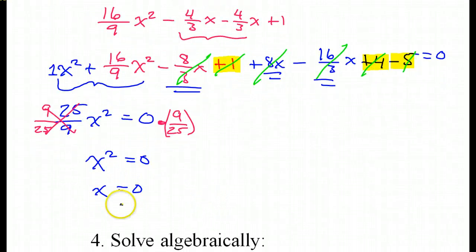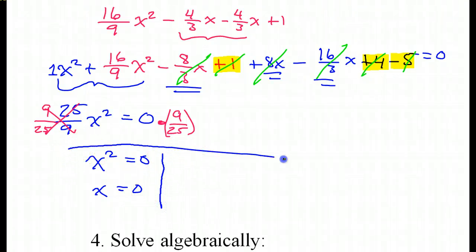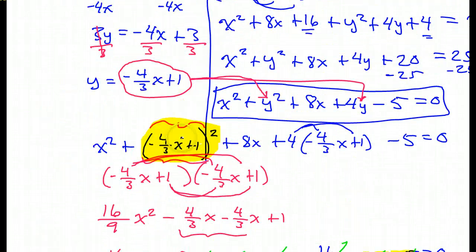Okay, well, we need the y value that goes with that. So the x value is 0. Let's look back, because I'm trying to think in terms of a table, like x, y. So far I've got the 0, I need the y that goes with it. I'm going to need the equation.